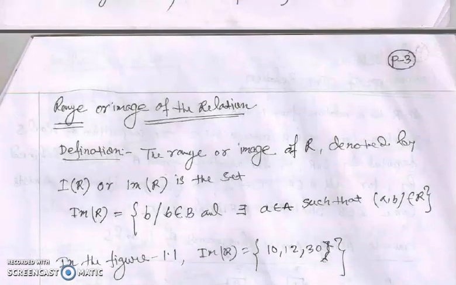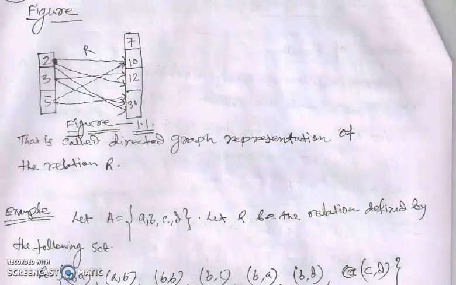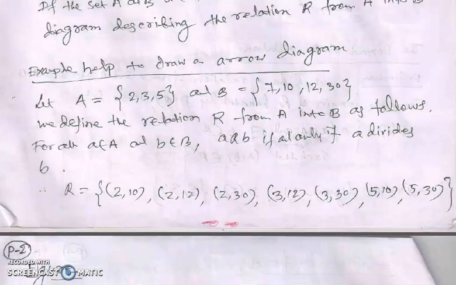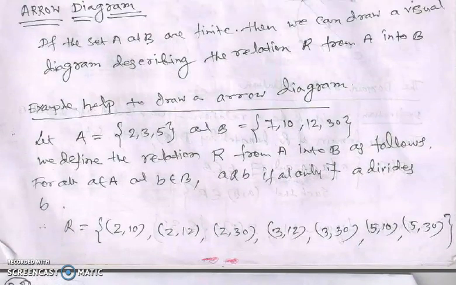According to this example, we start from the first example where we can start our lesson. Here is the domain set A. Where are the sets A and B? We make a relation R which represents a is a divisor of b, or b is divisible by a.